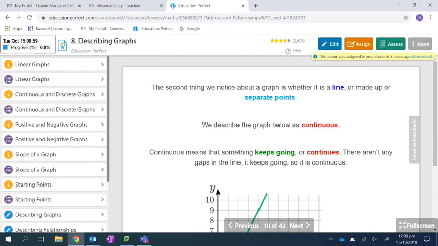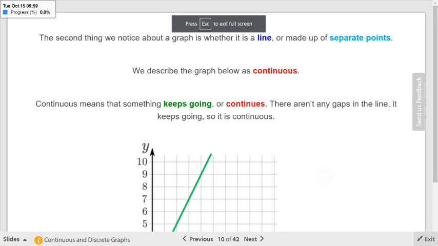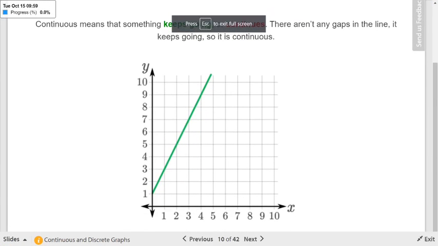Now, we're about to enter into the territory you're talking about. What you notice about this line is that it's a straight line, it's solid, and it goes all the way from one edge of the graph all the way to the other edge of the graph. Do you see that? So it's a solid line. It starts right here, and it goes all the way to the other edge.